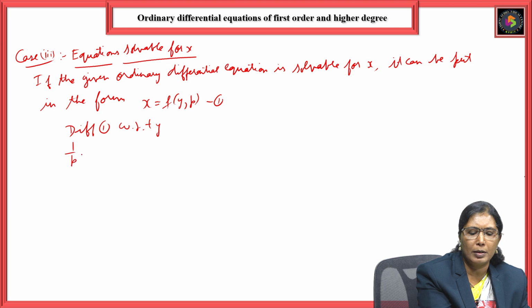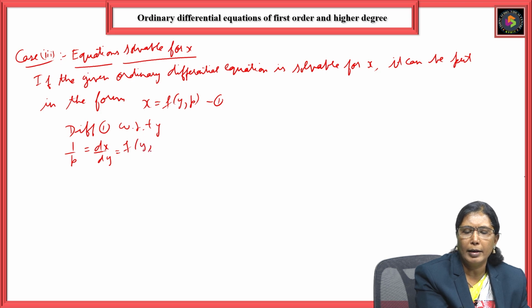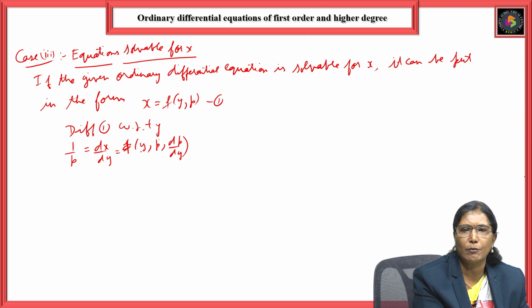So 1 by p is equal to dx by dy is equal to some function of y, p and dp by dy. So if you differentiate 1 with respect to y, we get 1 by p, dx by dy is equal to some function of y, p, dp by dy.